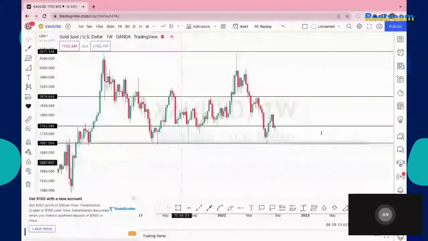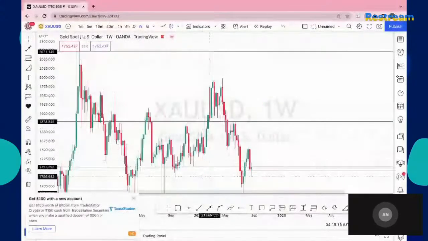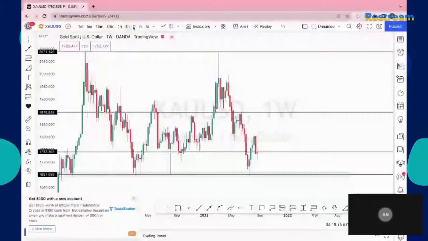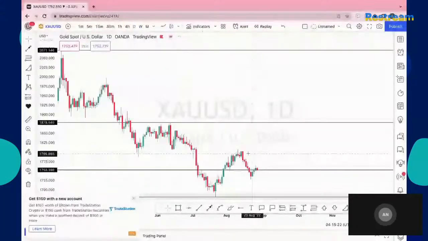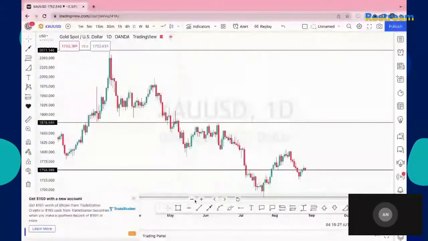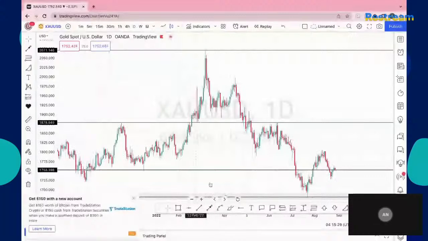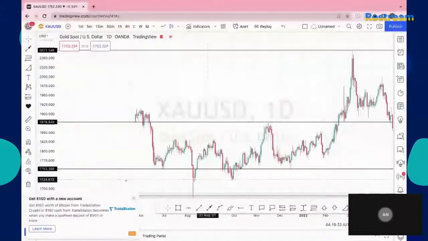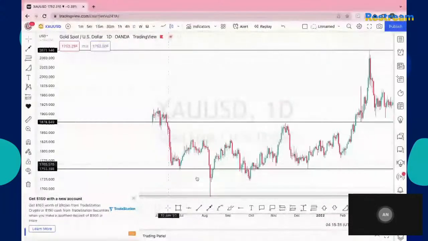Weekly, we can see we've got a major support here at 1681, 1680. We are currently at a major zone as well at 1753. If we look to the left-hand side, we can see support.